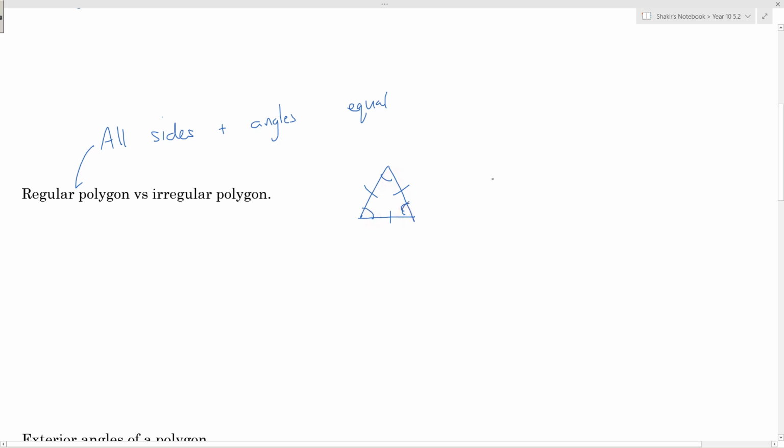You can have many types of four-sided figures, but the only regular one is the square because it's the only one with all sides and all angles equal. An irregular polygon doesn't have all sides and angles equal.